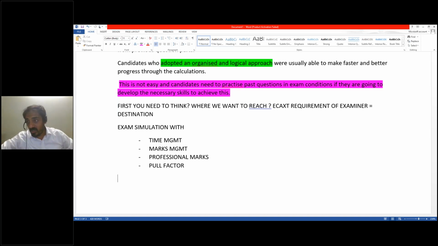But the very important question a colleague asked: sir, if I am stuck in the middle of the question? The golden rule: when I was a student for the ACCA, I was an average student, by the way.